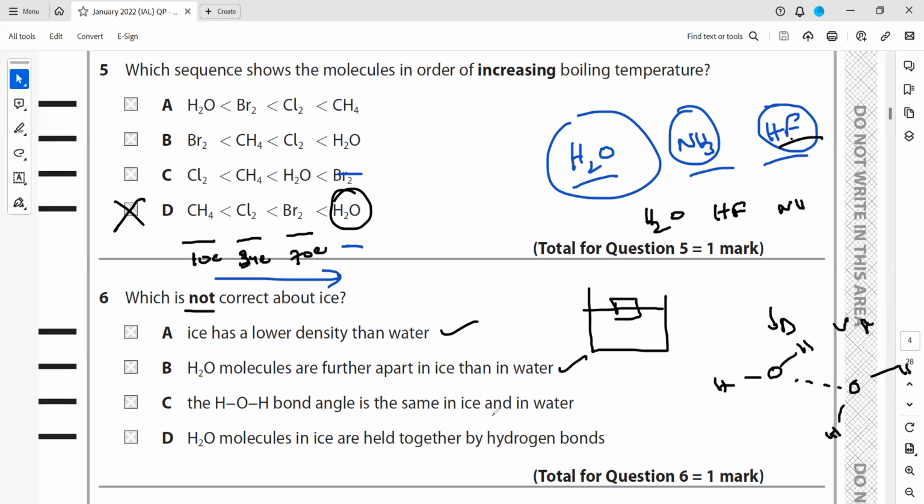HOH bond angle is the same in ice as in water. When we compare the bond angles, the geometry in the liquid state has a different bond angle than in the solid state.